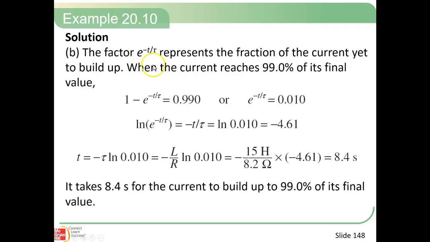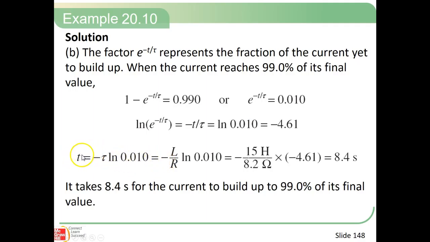For part B, the factor e to the negative t over tau represents the fraction of the current still to build up. When it reaches 99%, we've got 1 minus e to the negative t over tau equal to 0.99, or e to the negative t over tau equal to 0.01. That's the 1% left, so you can use either equation. If we take the natural log of both sides, we get negative t over tau equal to the natural log of 0.01, which is negative 4.61.